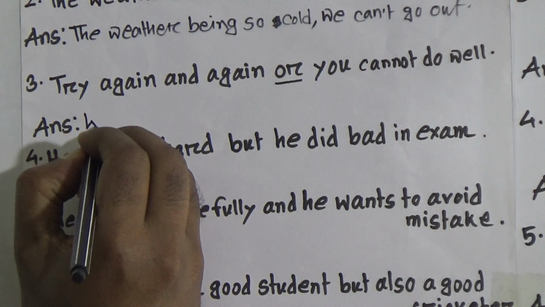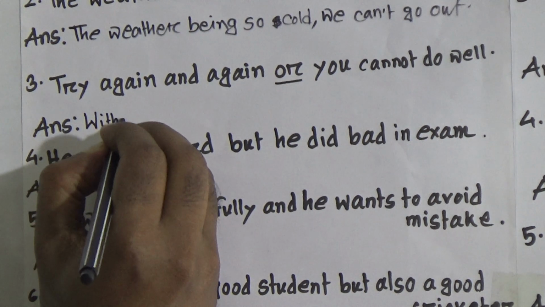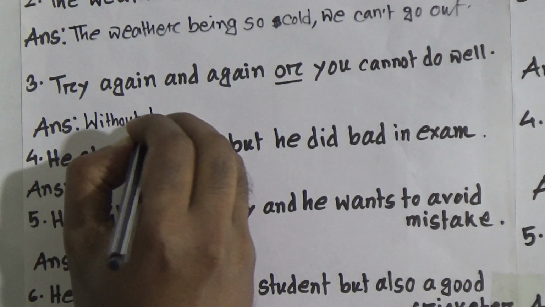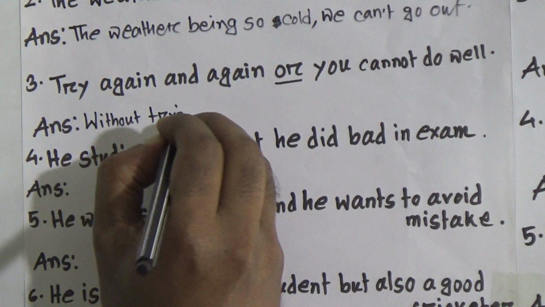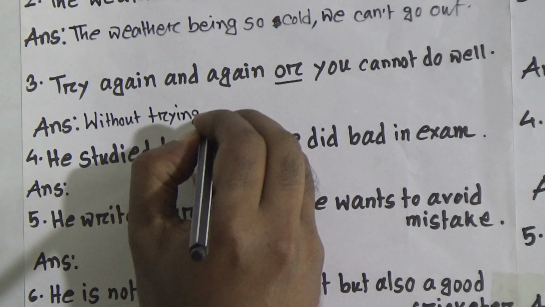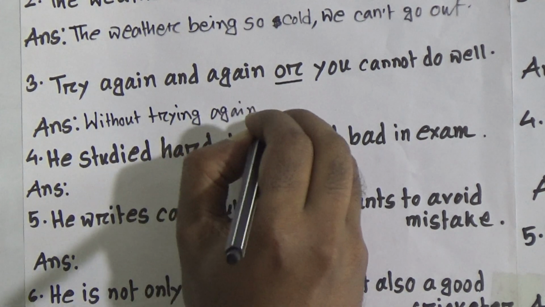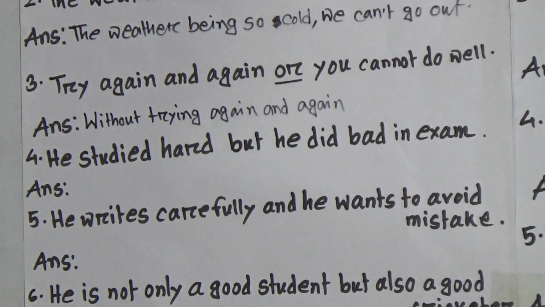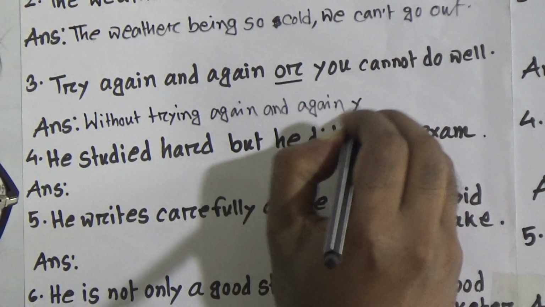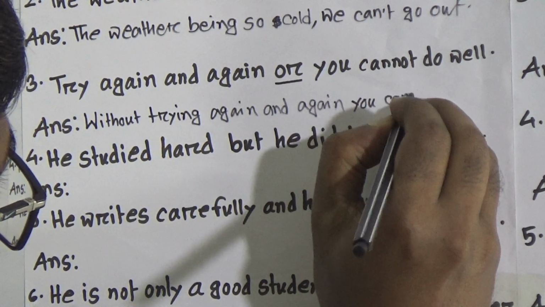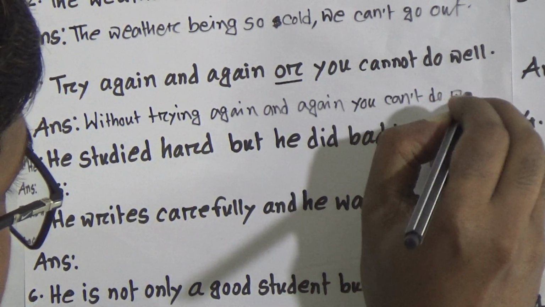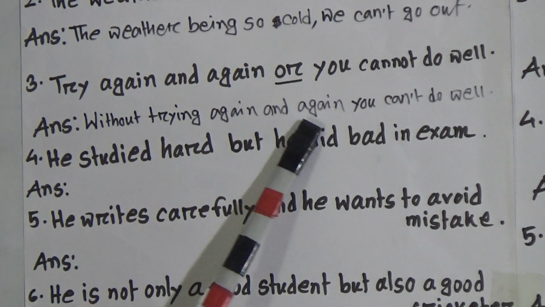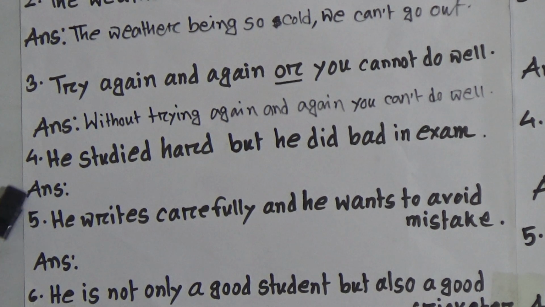Look, without, then the ing form of the main verb, without trying again and again, you cannot do well. I am telling again the answer of the simple sentence: without trying again and again, you can't do well.